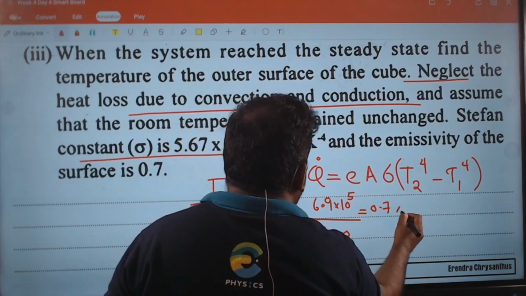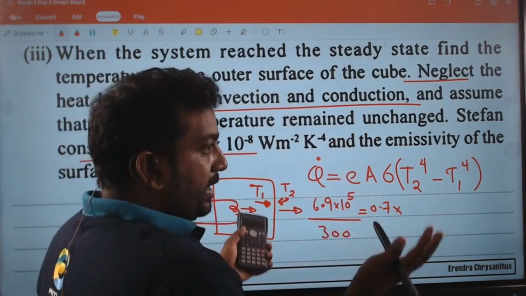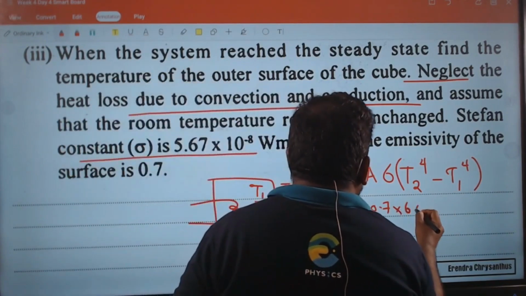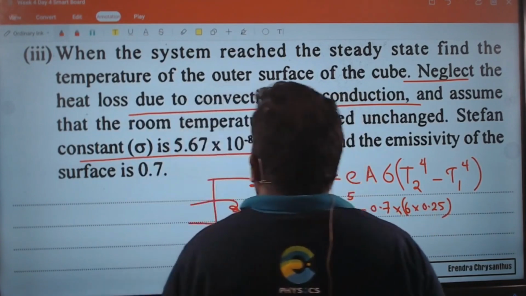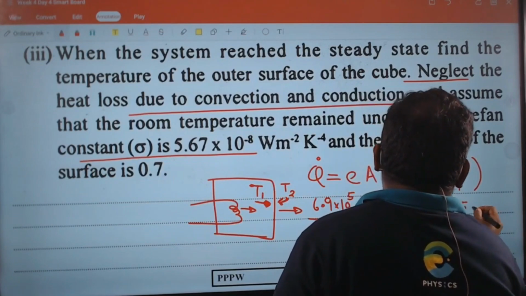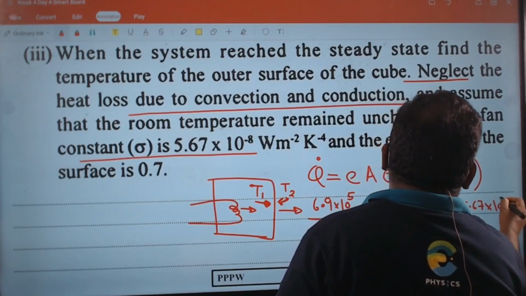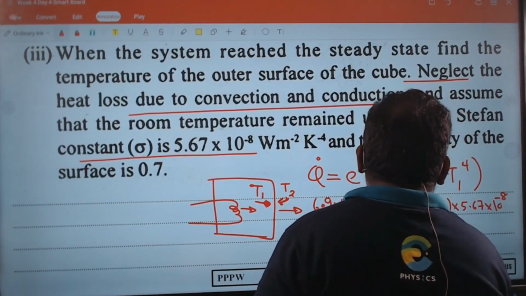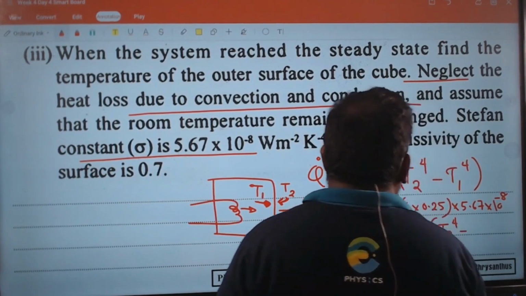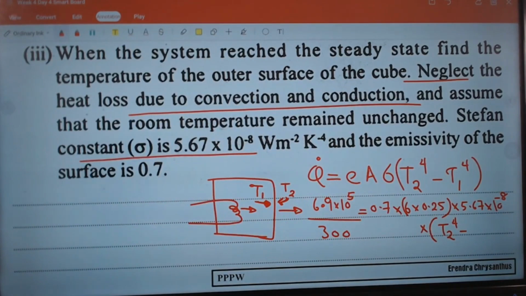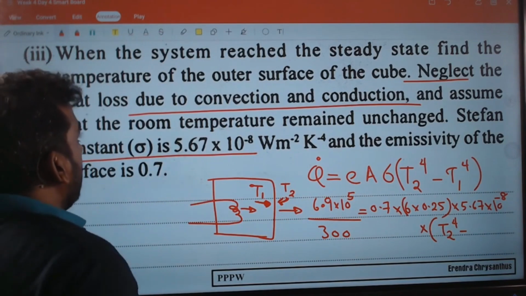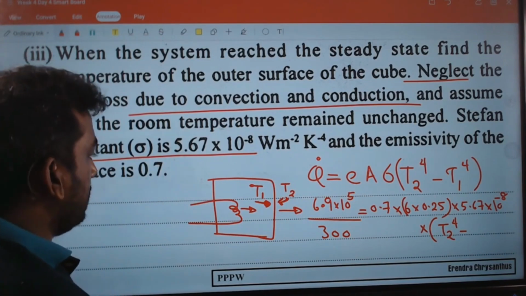E is 0.7. Surface area of the cube: 6 sides, each side is 0.5 squared, 0.25. Sigma is 5.67 10 to the power minus 8. Temperature outside T2 to the power 4. Inside 177 Celsius.